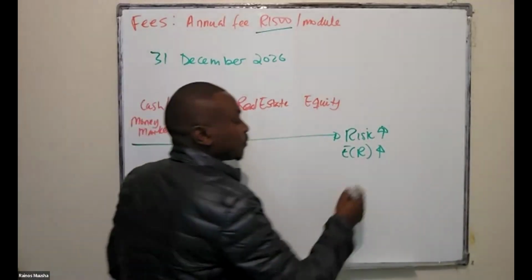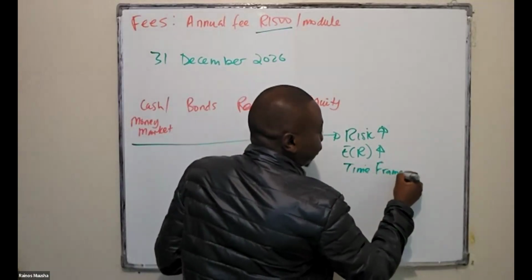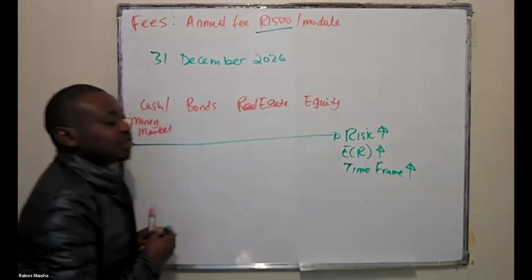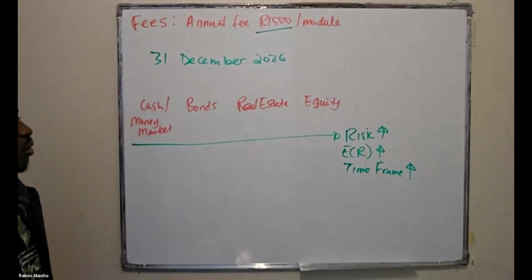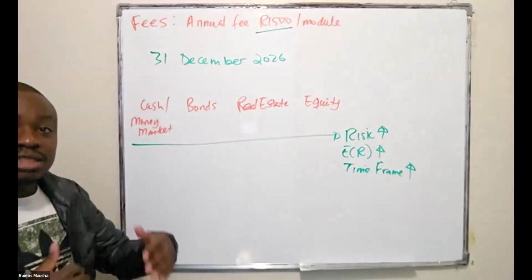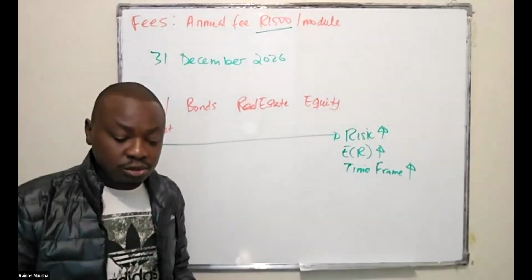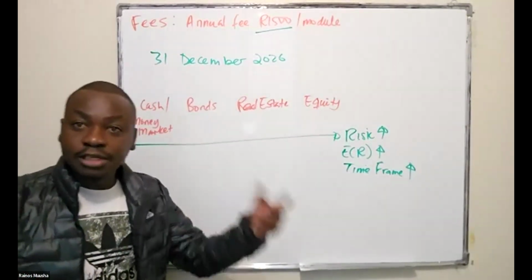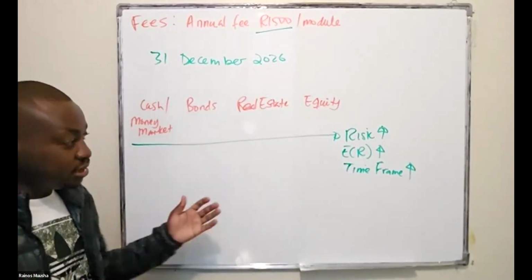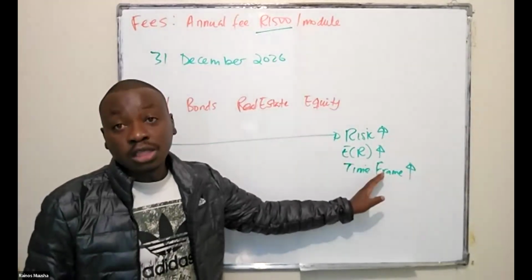And usually, your time frame for earning that expected return is generally increasing the more you go in this direction as well. Generally, these are the things that you need to look into when you're looking at methodical investment, not necessarily speculation, such as day traders who are trying to take advantage of the movements in the market in the short run. But when you look at methodical investments, this is generally what you have to be on the lookout for.